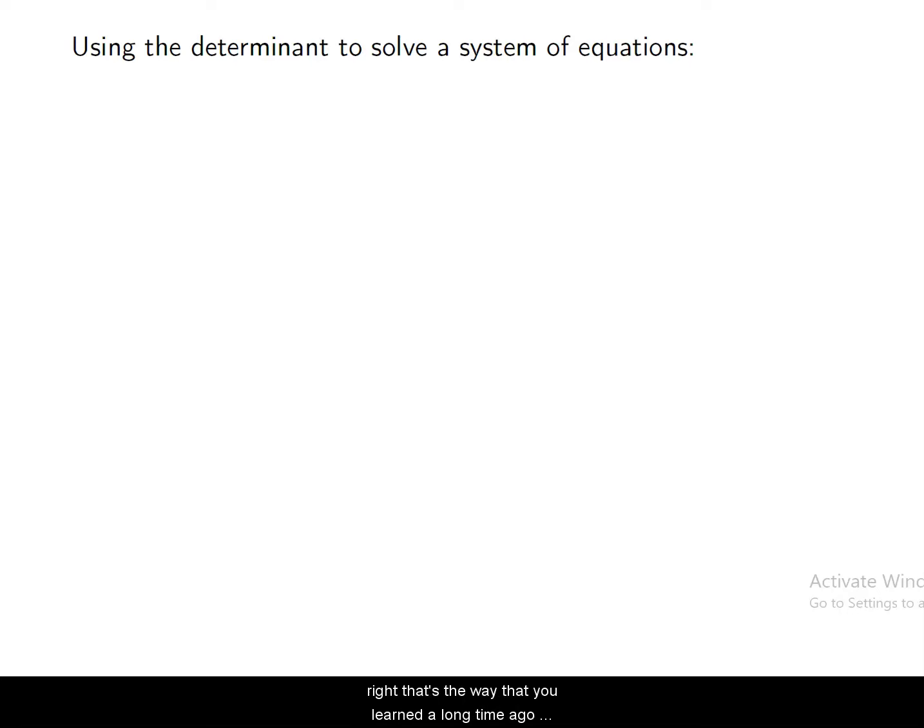That's the way that you learned a long time ago. Coming into this class, I told you guys to forget about that and to embrace the Gauss-Jordan elimination method, right? So that's our third method, the first new method we learned in this class, was Gauss-Jordan.